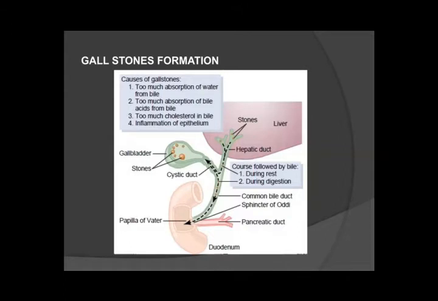Third, too much cholesterol present inside the bile. Or fourth, inflammation of the epithelium inside the gallbladder. These are all factors or causes that can start the formation of gallstones. Next, we'll look in detail at how these factors further roll the process ahead.